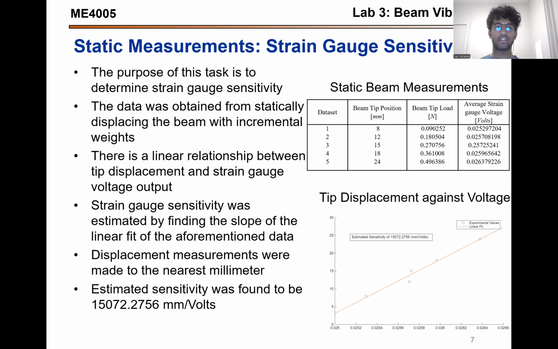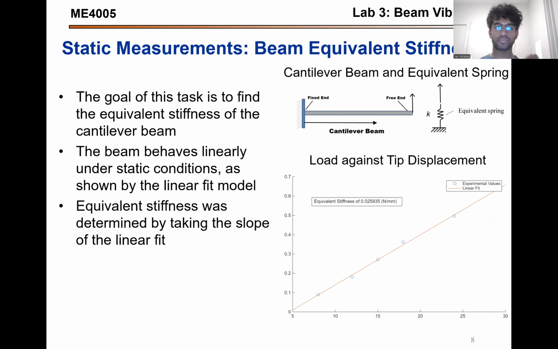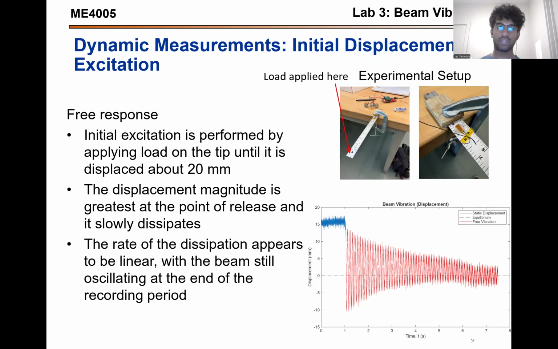This allowed us to find a sensitivity of 15,072 millimeters per volt. This same process was done to find an equivalent spring stiffness by plotting the data and finding a linear fit. And this is going to be used later to find the theoretical response of the system.